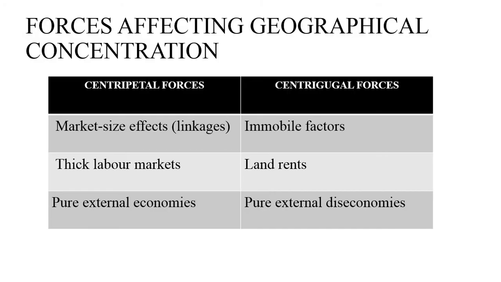Just to make some generalized conclusions, in new economic geography we distinguish between centripetal and centrifugal forces. Centripetal forces are the forces which encourage movement of labor force and firms to the core regions. In this case, of course, we have pure external economies of scale.